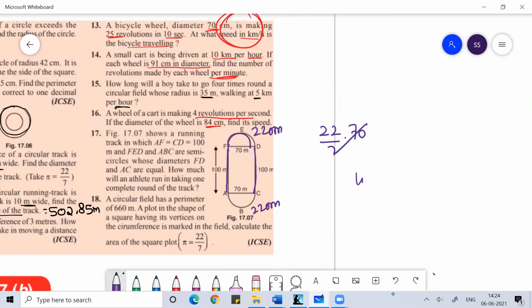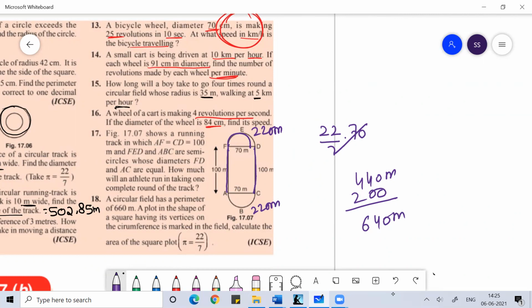So this would be 440? 440 plus 200 means 640, right? Sir, I got 420. It's 200 plus 220.